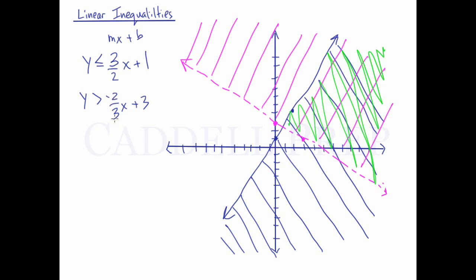If the question was to identify a point that satisfies both of them, we could pick any point in this area. For example, we could pick this point, 6, 2, would be a solution, but this entire area we can mark with an S to show that this entire area is the solution to these inequalities. And this is just an example of one point that would satisfy both of these.